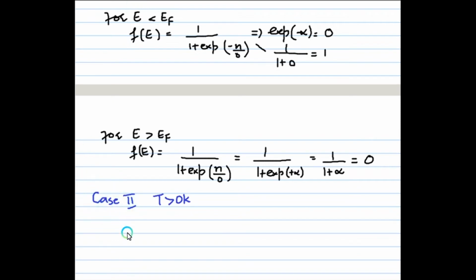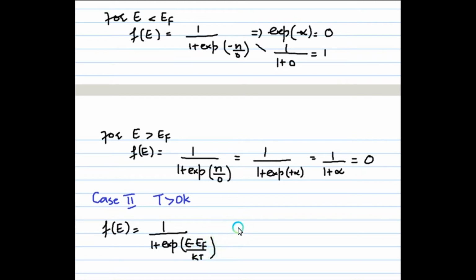When temperature is greater than 0, your f of E, again for the two cases, that is E greater than EF or E lesser than EF, will be f of E as 1 upon 1 plus exponential of E minus EF upon some non-zero value, because it's kT.